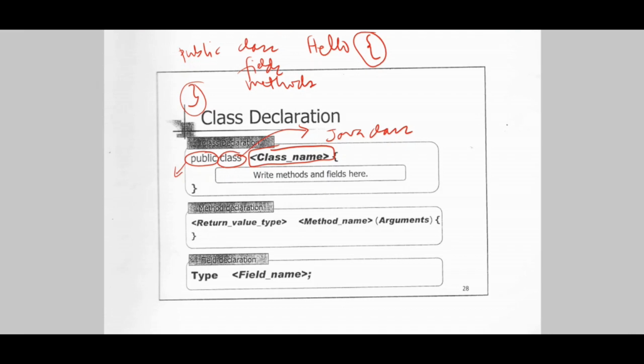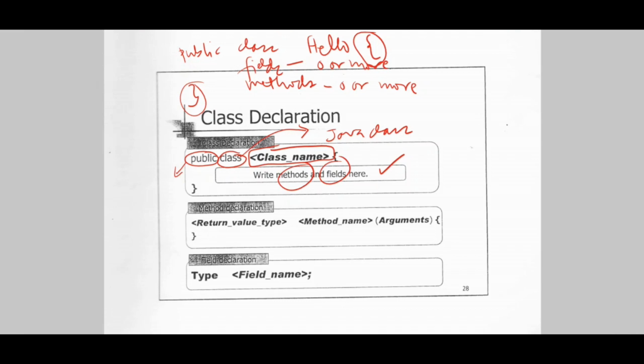How many fields? 0 or more. How many methods? 0 or more. So you write inside the scope of the Java class the fields and the methods.